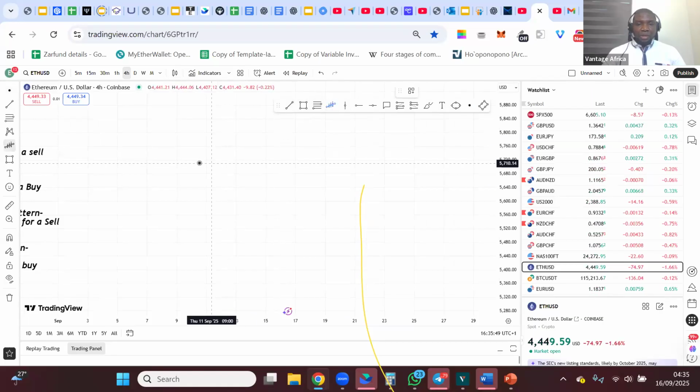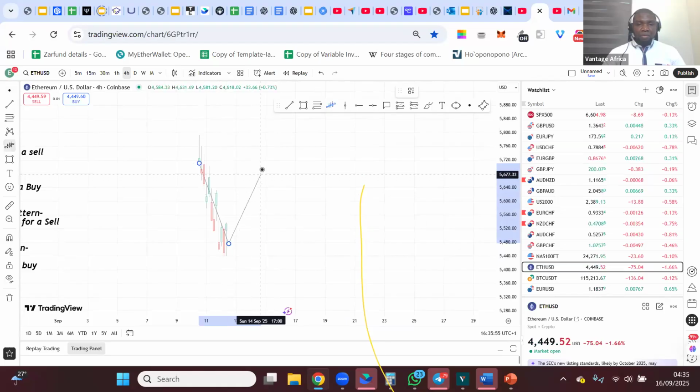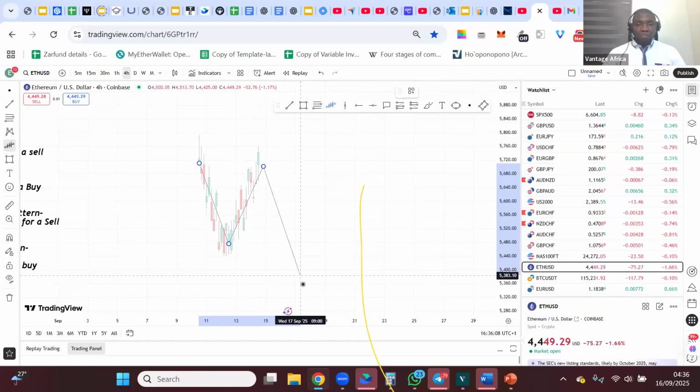Price comes down, stops. Then it reverses, it starts going up. Then it stops, then it comes down. You are expecting that because there's a low here, it is going to hold at this low and start going up. But instead, it breaks the low, comes down.